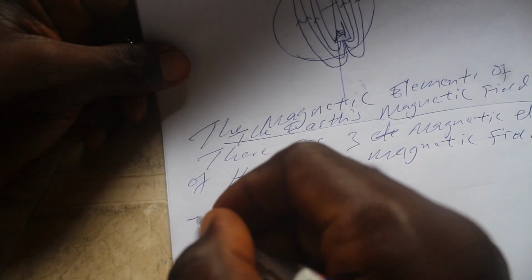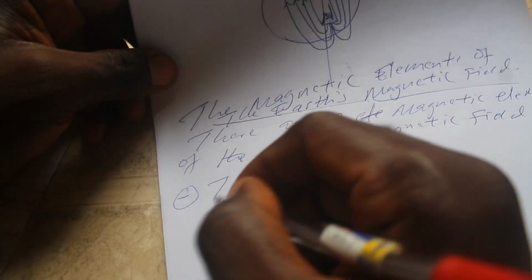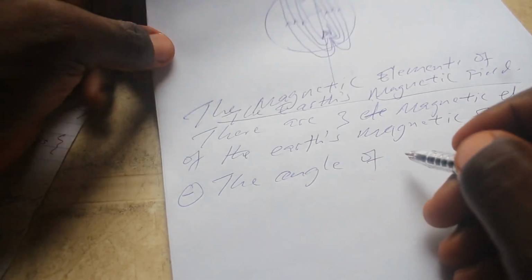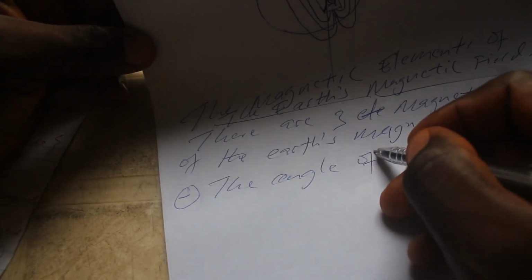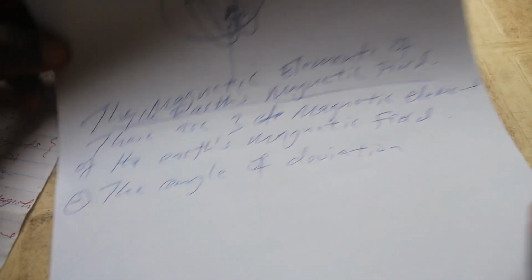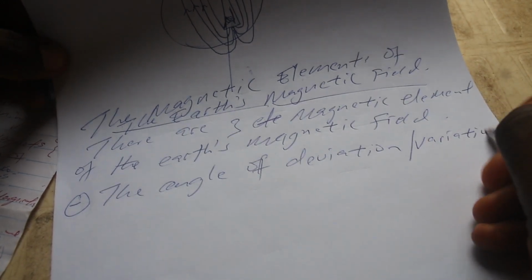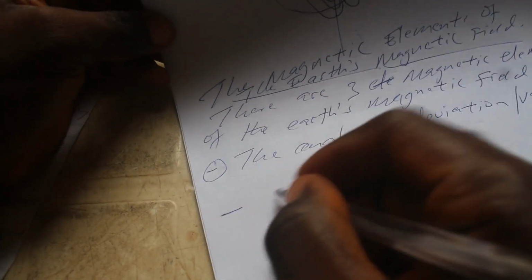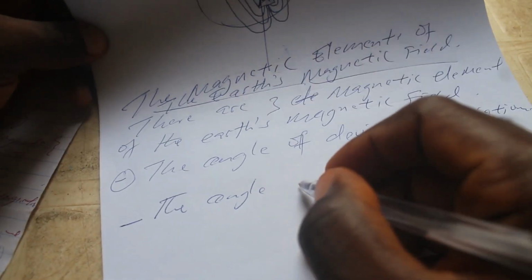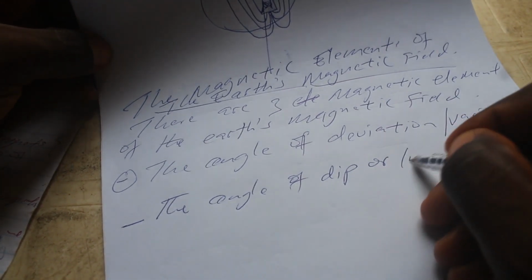Number one, the first one is the angle of deviation, or you can call that the angle of variation. The second one, we can call it the angle of dip, or the angle of inclination.